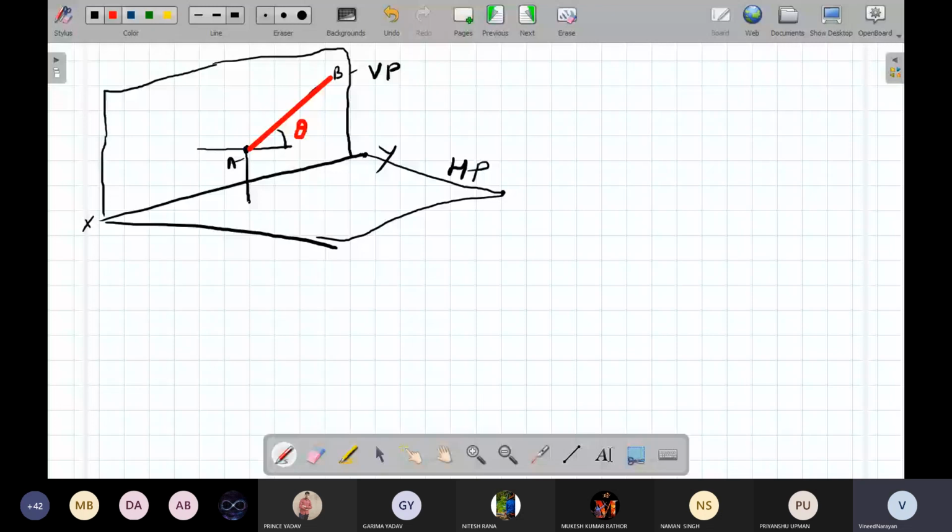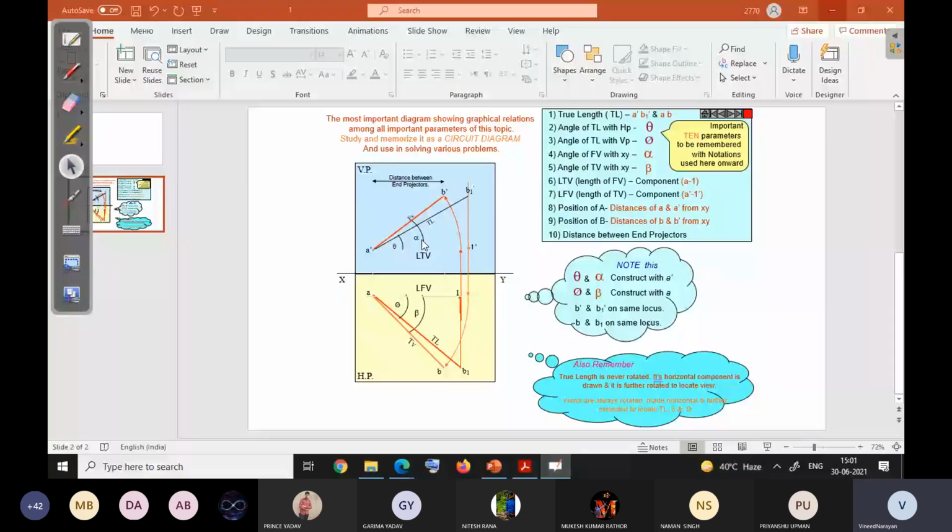Sorry, alpha and beta are apparent angles. Theta and phi are true angles. You may not have to get confused, please remember.